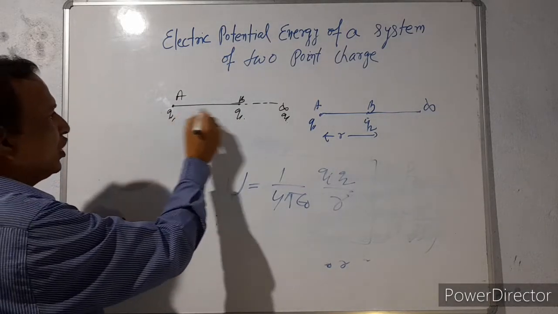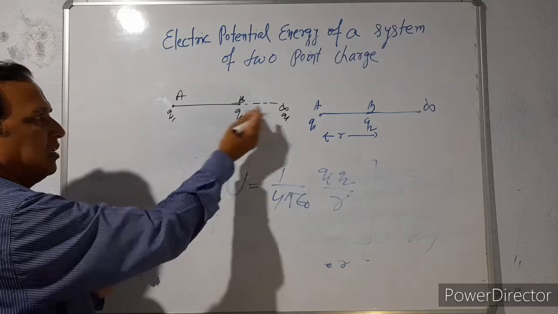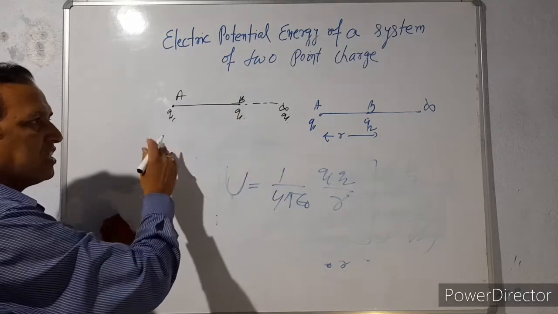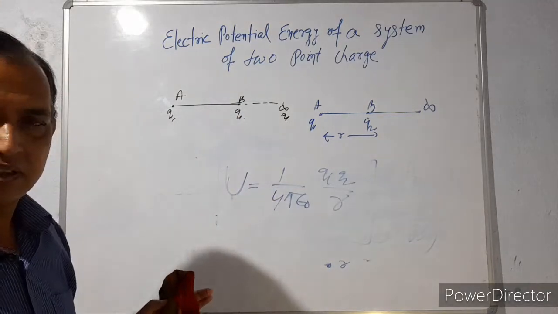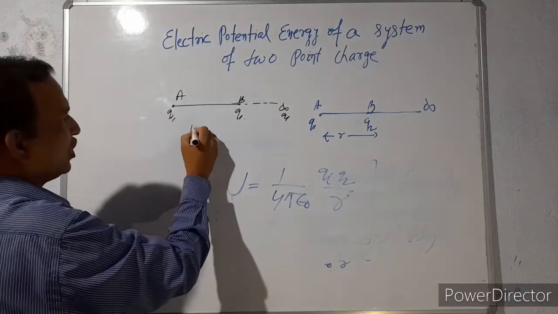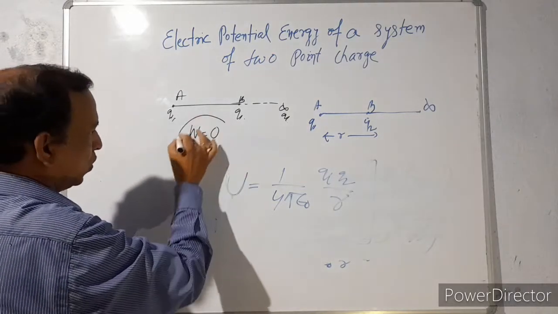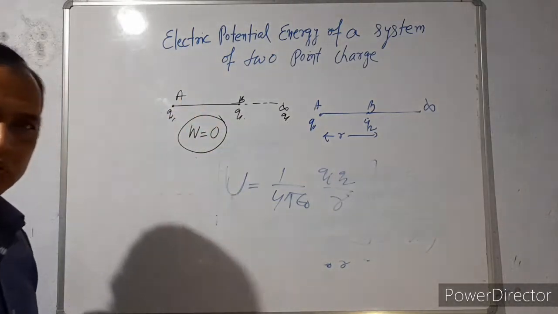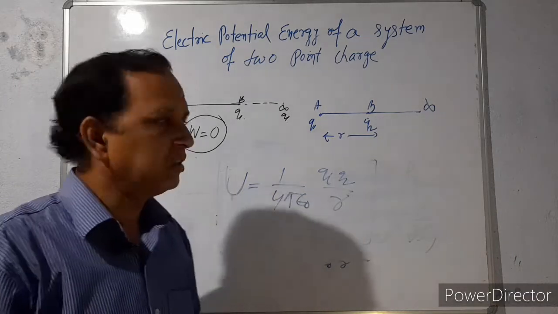So if only Q1 is moved towards B, in this case there are no two different charges. So here the work done is equal to 0. Clear?